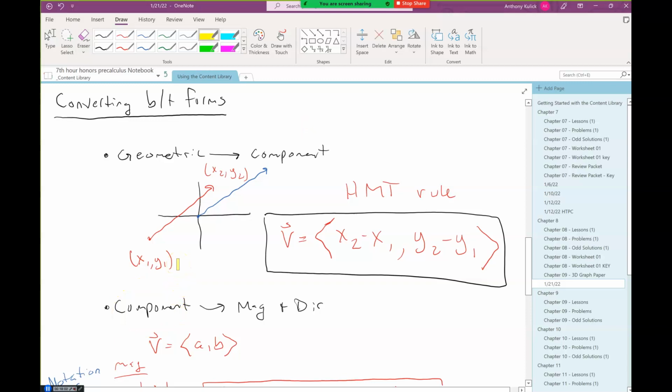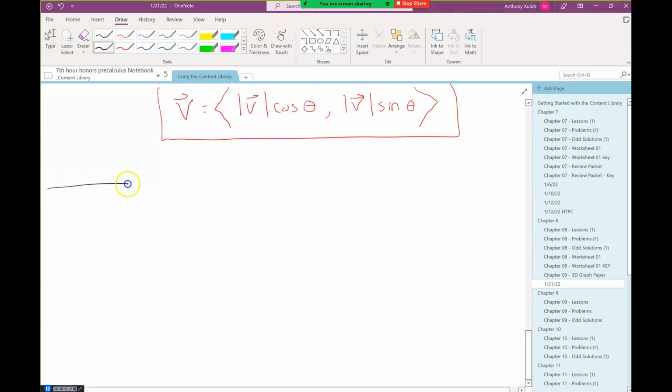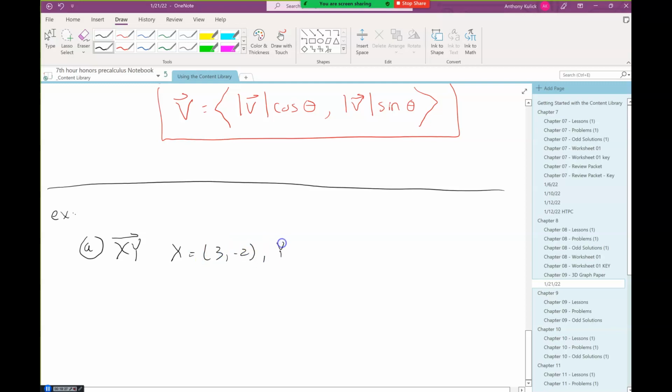All right, let's take a pause here and do a couple of numeric examples before we get going any further. So let's say that for the vector xy, where x is the point 3, -2, and y is the point 5, 1, we want to put that into component form.